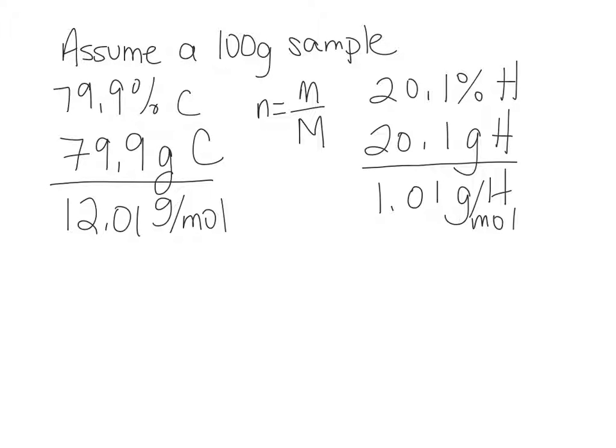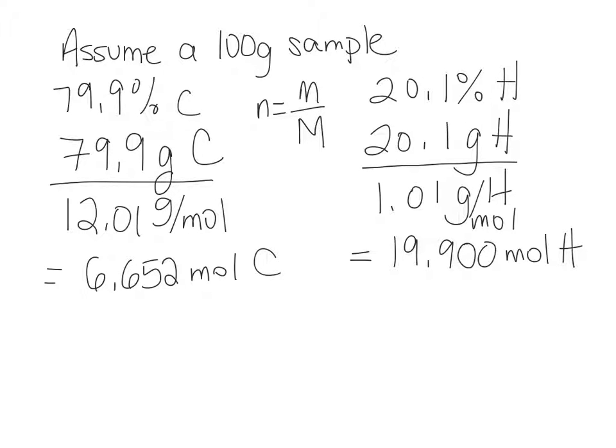You take the mass of your element and you divide by the molar mass of that element, and that will give you moles. Moles, you divide by the smallest number of moles. So which one's the smallest number? The 6.6. So divide both by the number of moles in the smallest number.